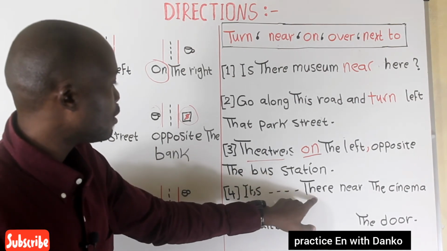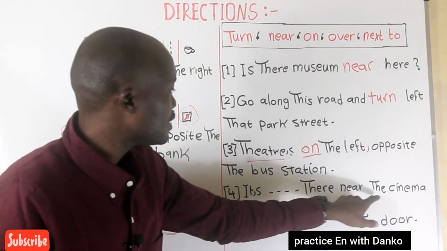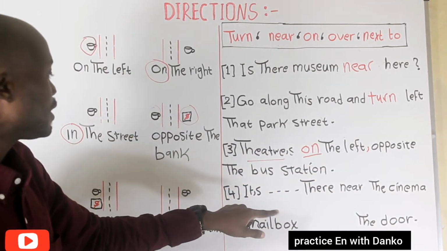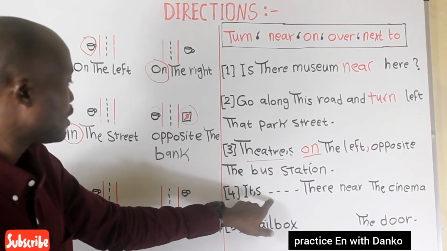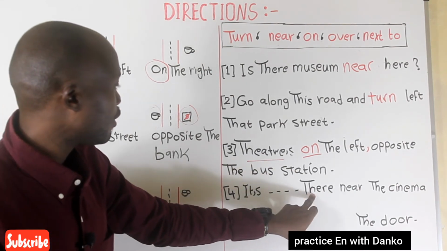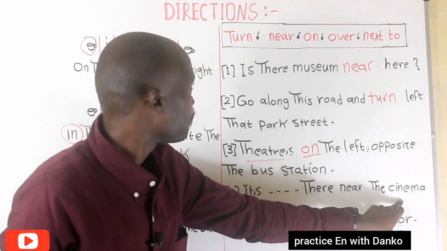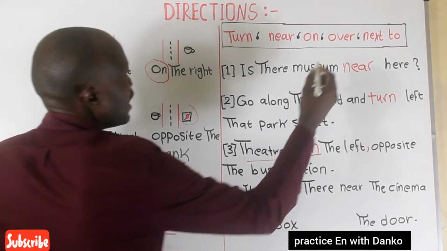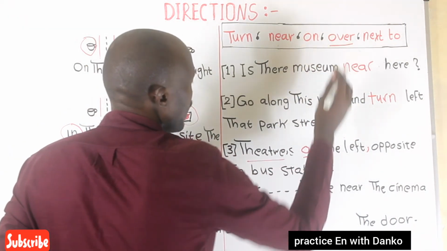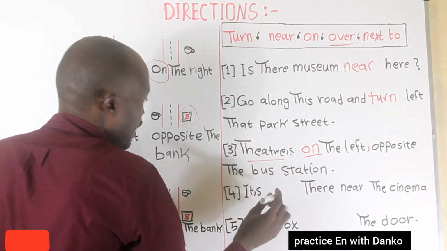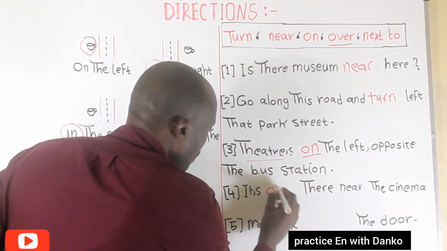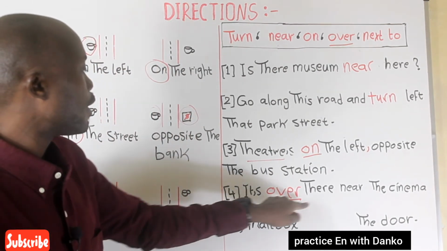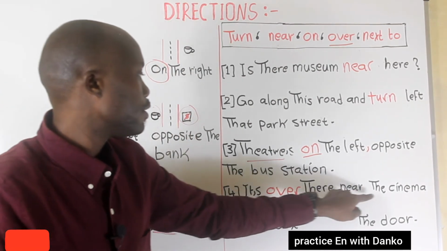Number four: gap there near the cinema. The sentence says it is over there near the cinema.